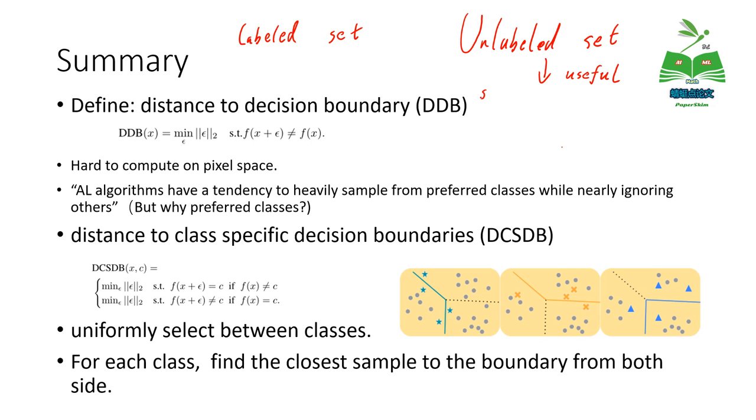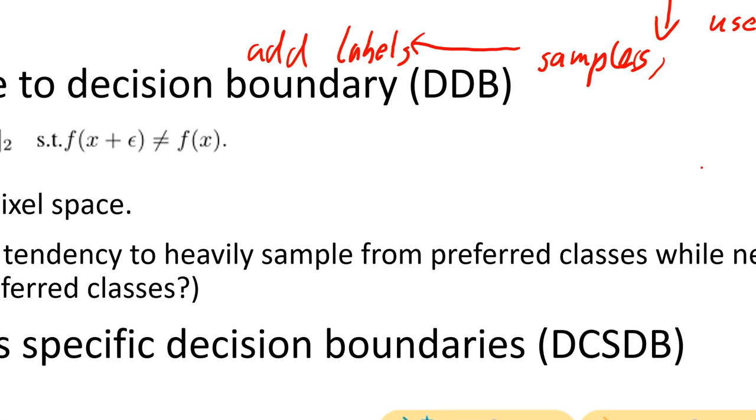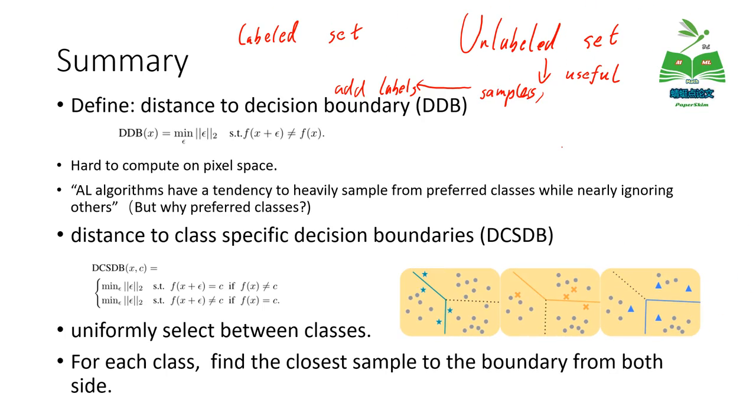So we select those samples, then add labels, and add them back to the labeled set. Now the labeled set is enlarged. It has more samples, so it can train the model again.